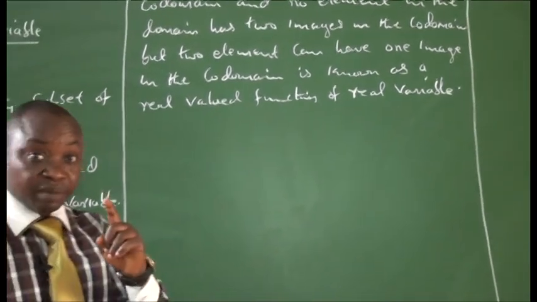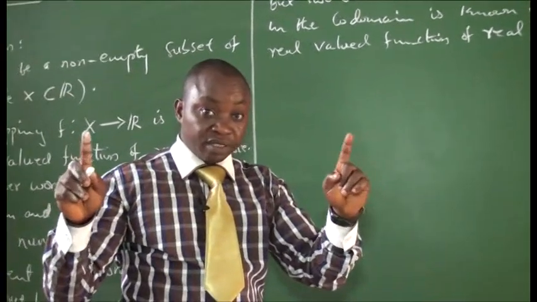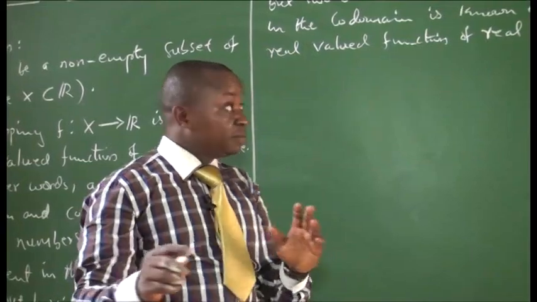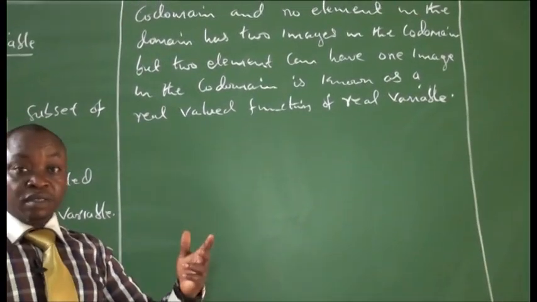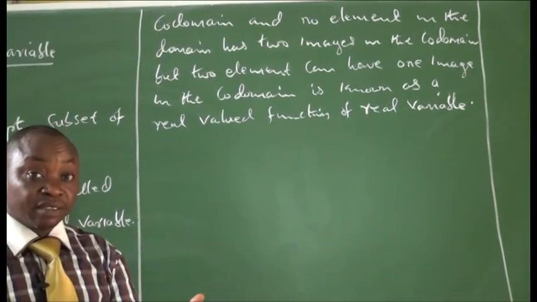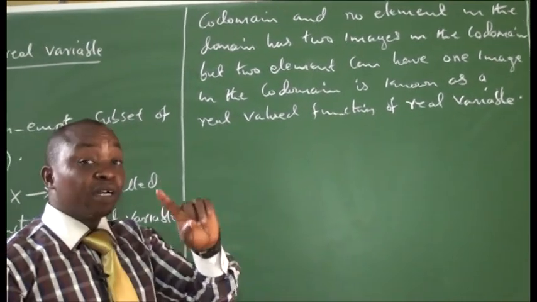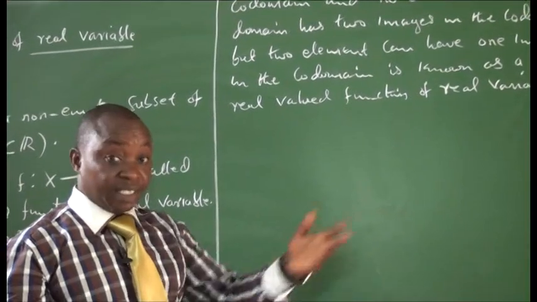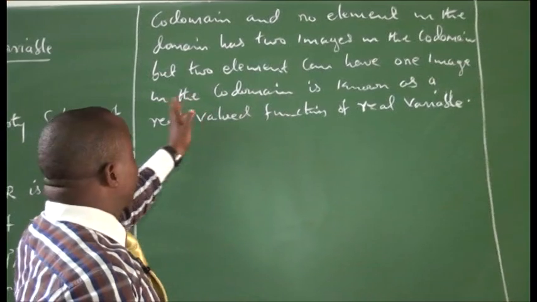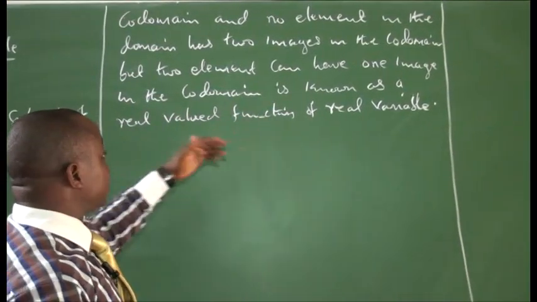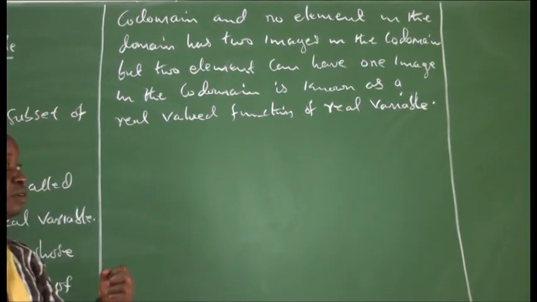That is, one single element cannot have two images in the codomain, but at least two elements can have one image in the codomain. All right? This is known as a real valued function of real variables.